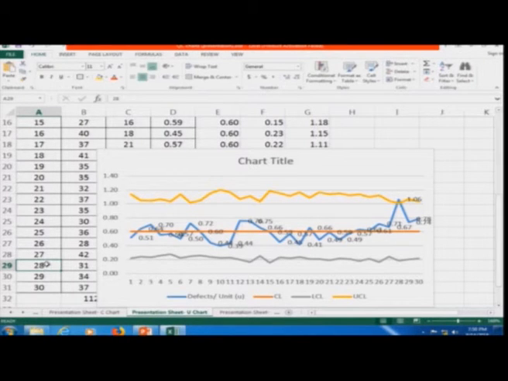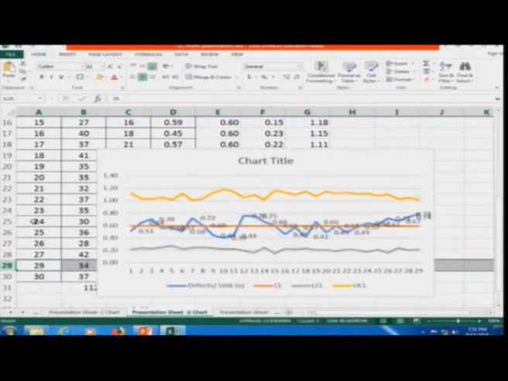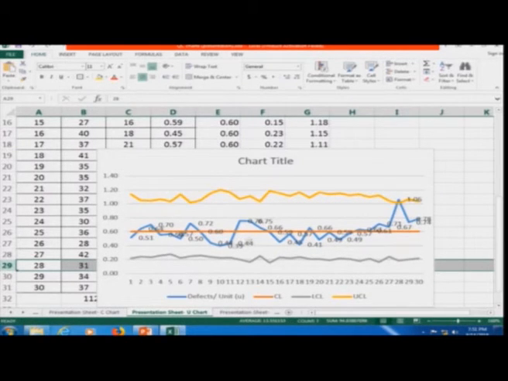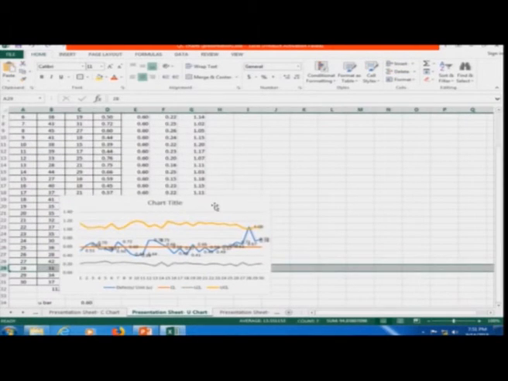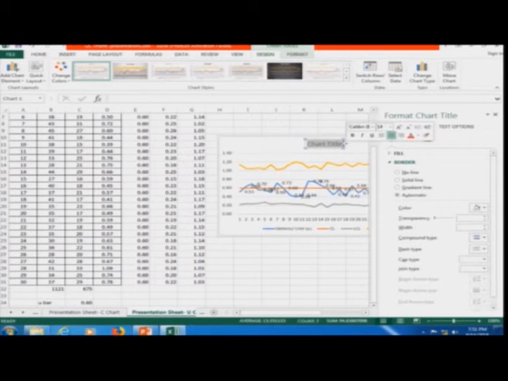So let me see, if I eliminate this point, let me just delete the cell completely. Okay, if I eliminate this point, we are left with total 29 points actually, but the process comes in control. So this is also not a worry. So I'll just undo it to keep the whole data intact here. So I'll put the chart title, this is my U chart. Okay.